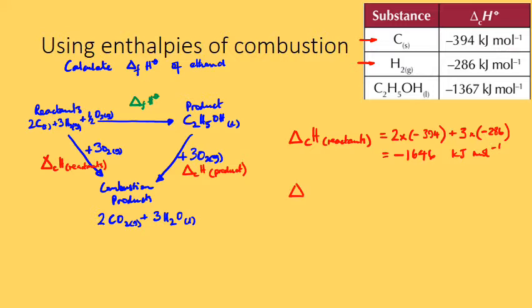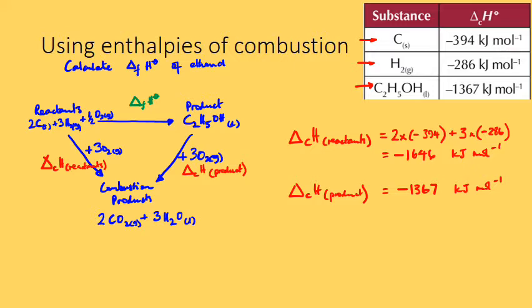In the same way, let's do our enthalpy change of combustion for our product, ethanol. We've got 1 mole of that being burnt, so we're going to just take the minus 1,367. That is in the table on the 3rd row, just like that.